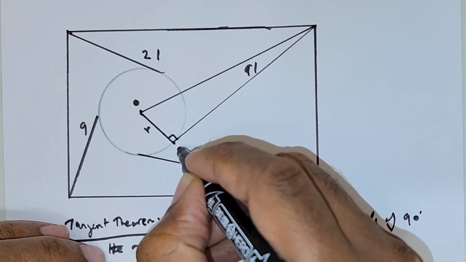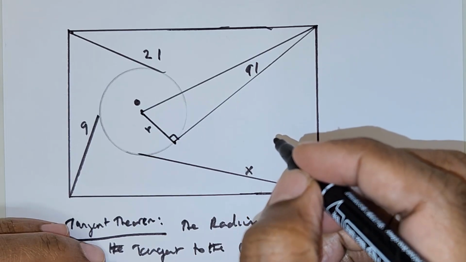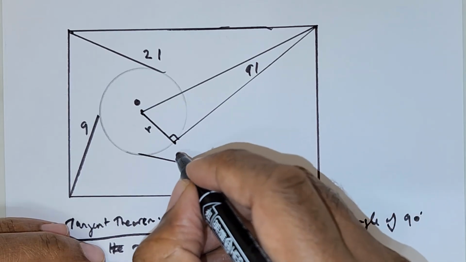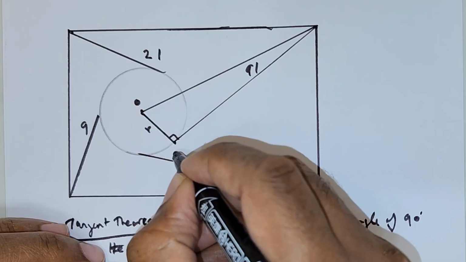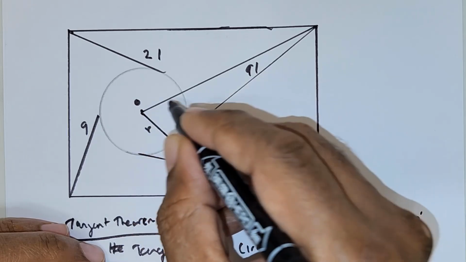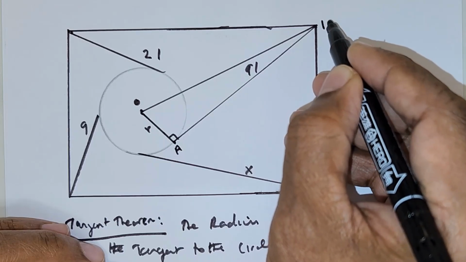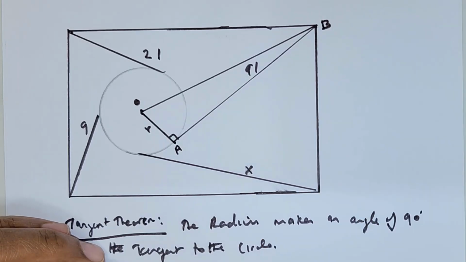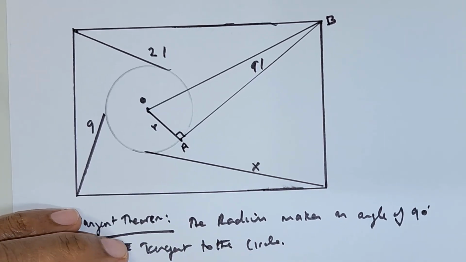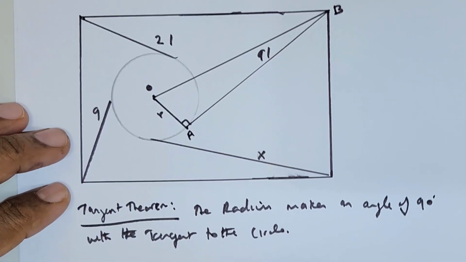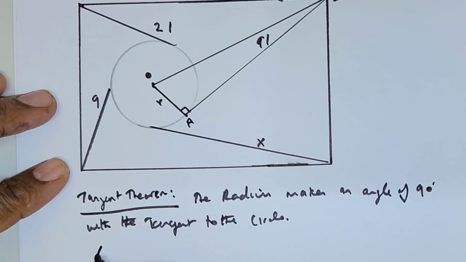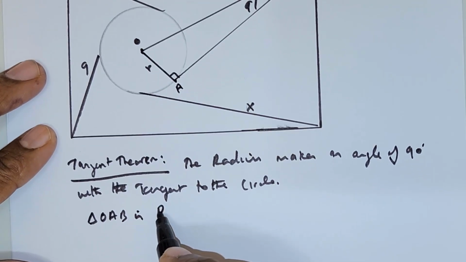If I take these points as O, A and B, triangle OAB is right angled.